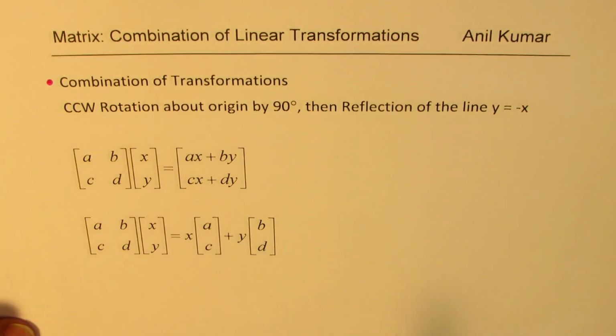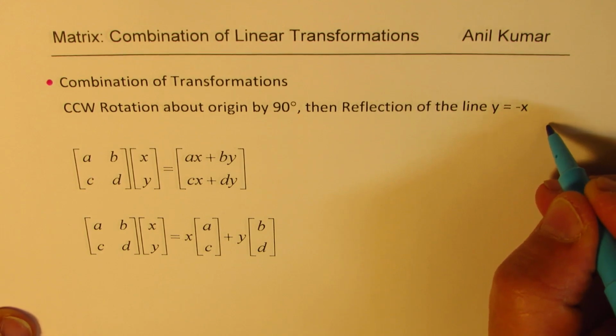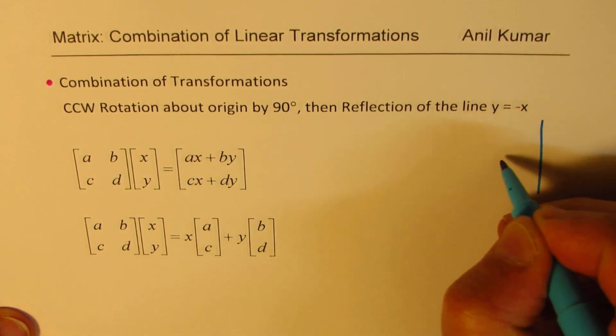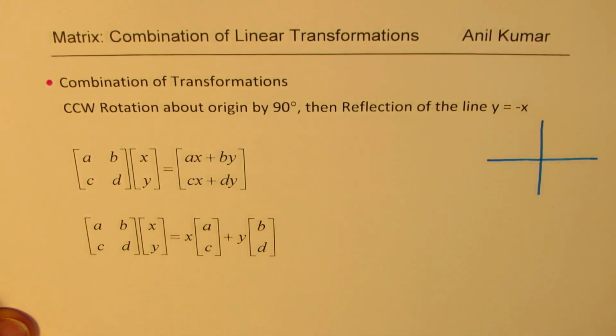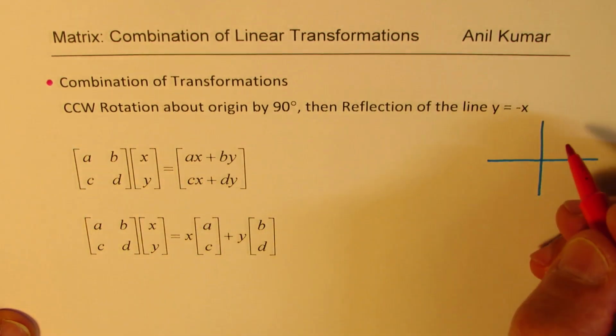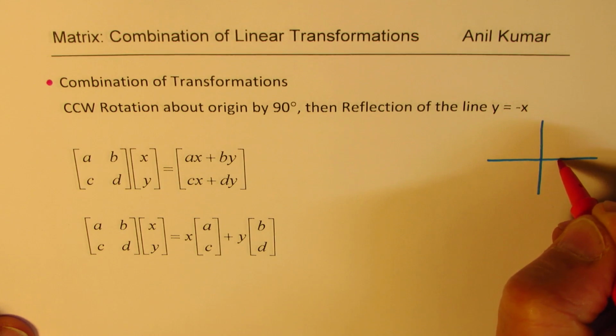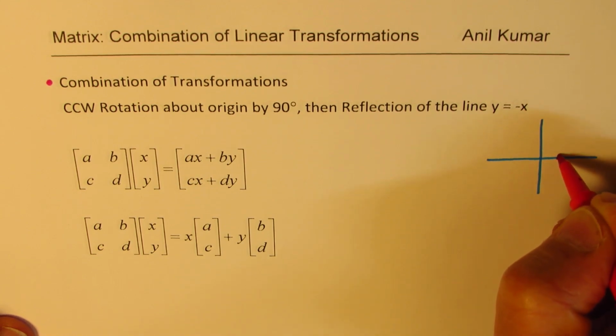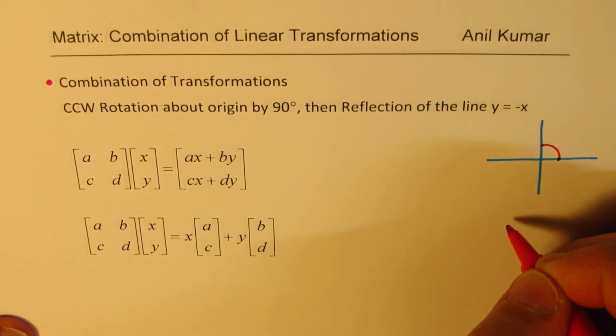So here we are doing a combination which is what? Okay, let me make a smaller one here now. We know all this. So we take this point here. We do counterclockwise about origin.